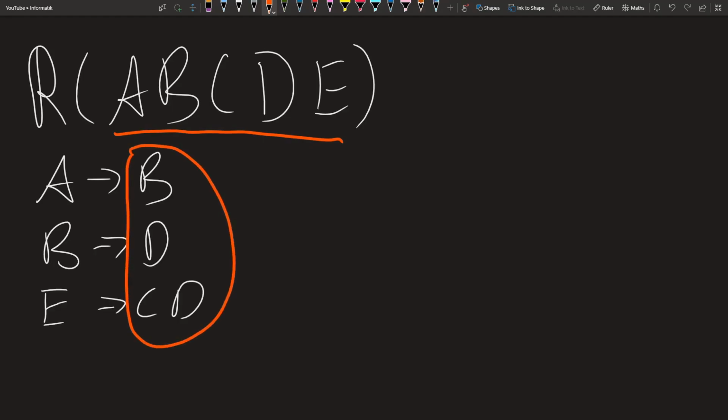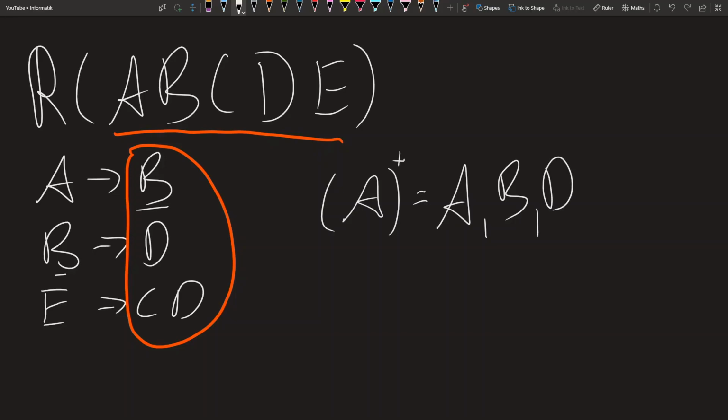There we can see that A is not included. So first we write down A. What is A determining? We can see it's B. So first A, we have B. With B, we've got D. So that's all.